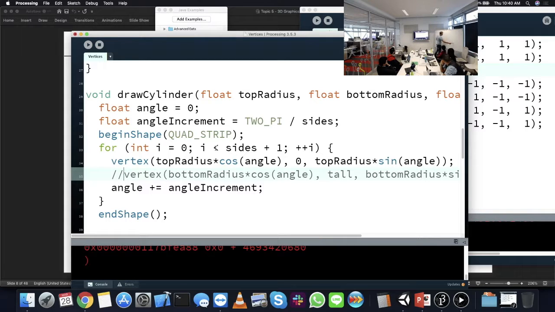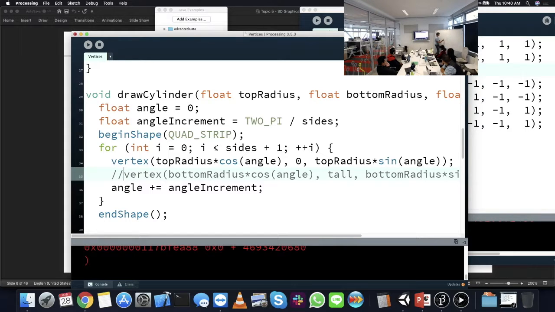So top radius times the sine of the angle will give us O and A. This thing will go around for the number of sides. The angle we just increase every time we go around, so this for loop here is basically going around. If we say let's draw one with 16 sides, it's going to go around 16 equally spaced angles.